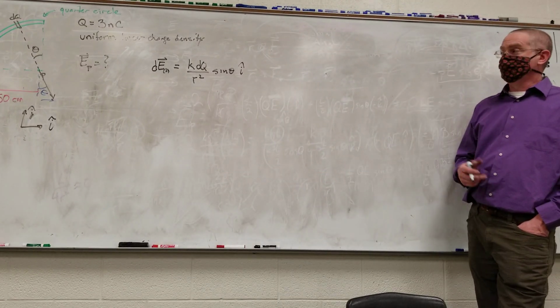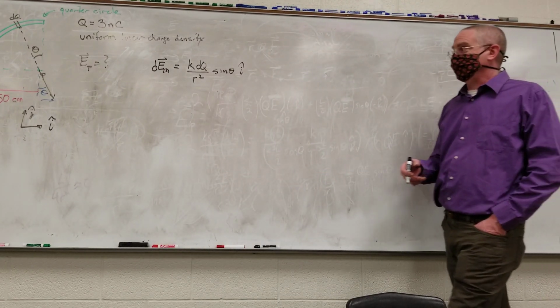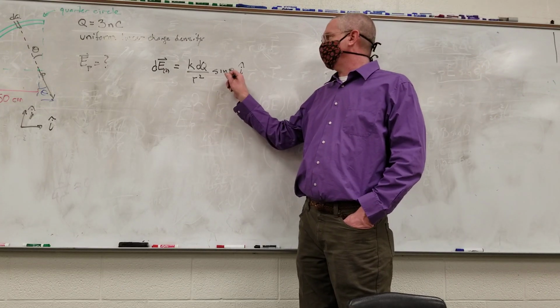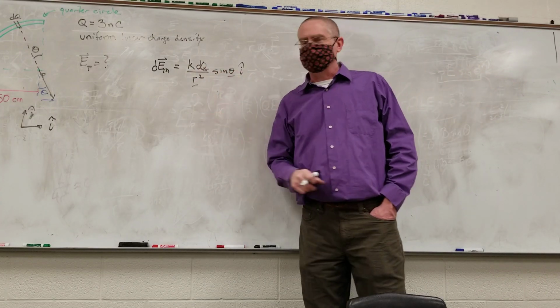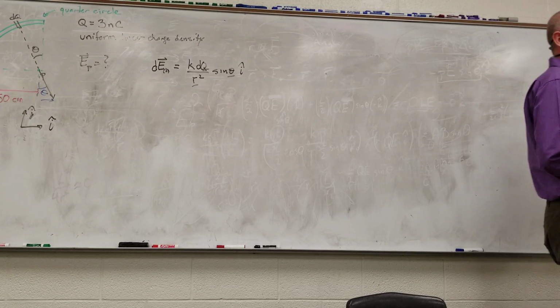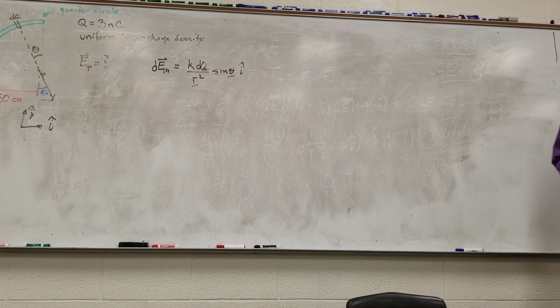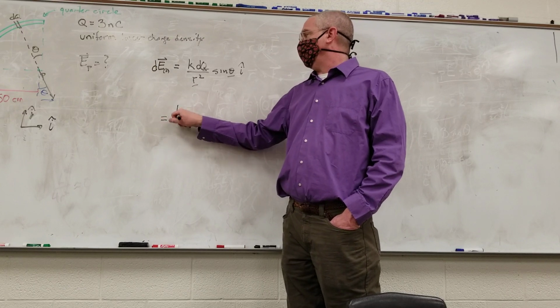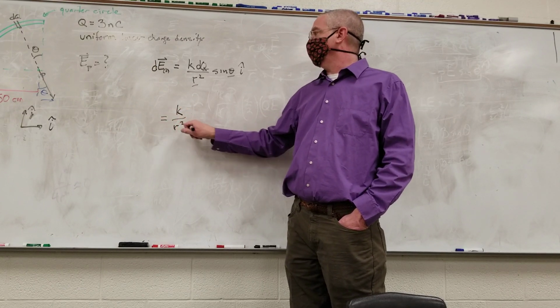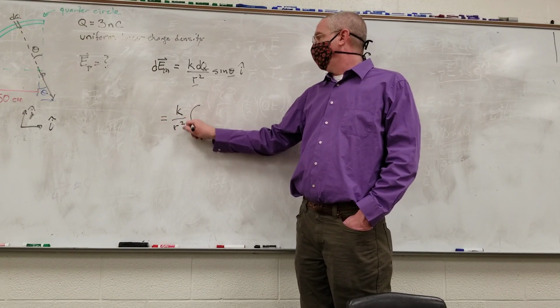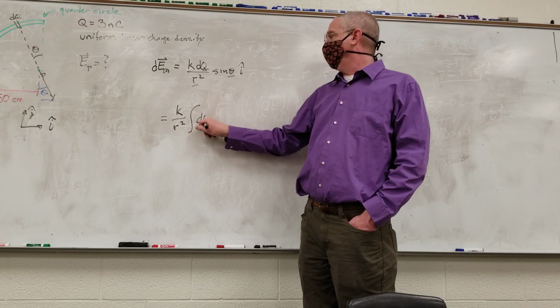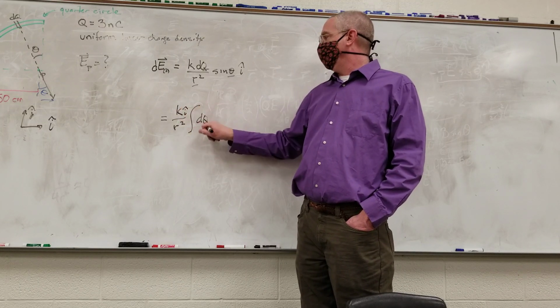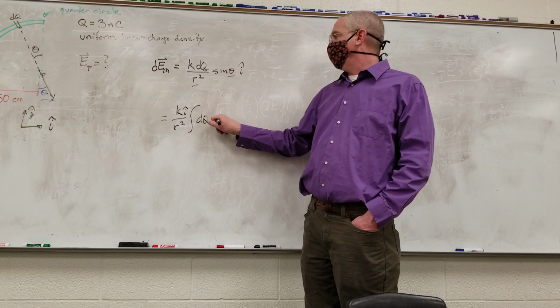As before, we have three variables here, well, potentially three variables. Actually, we have two variables, because R is constant, because it is part of a quarter circle. So this is going to be K over R squared, integral, put the i hat out front, dq sine theta.